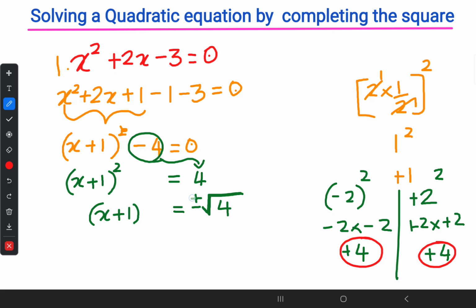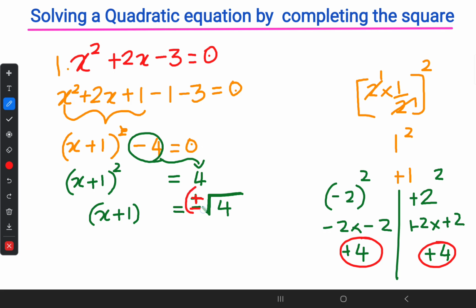That's why, to denote that, we use positive and negative as a representational direction. While you are writing the square root on the right hand side, you definitely need to indicate the positive or negative direction. The explanation is that negative 2 square is also 4, and positive 2 square is also 4. So the square root would be negative 2 or positive 2.